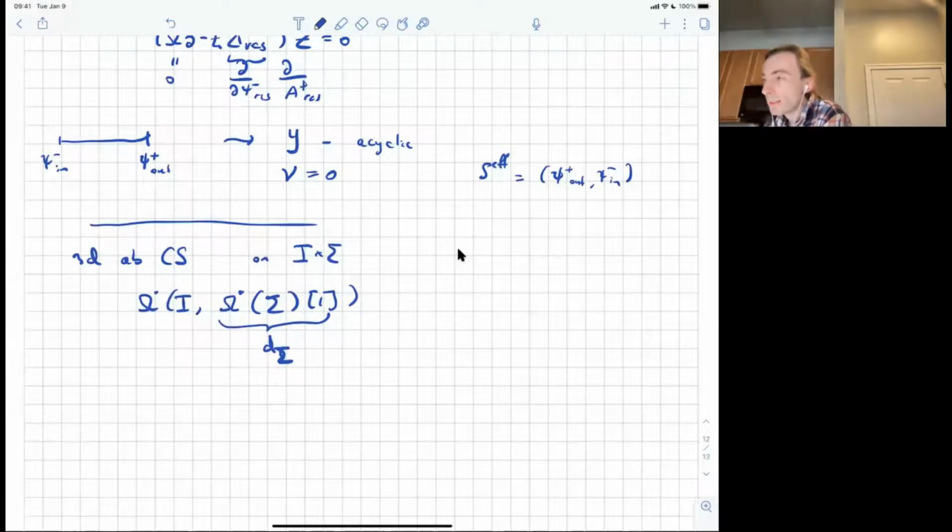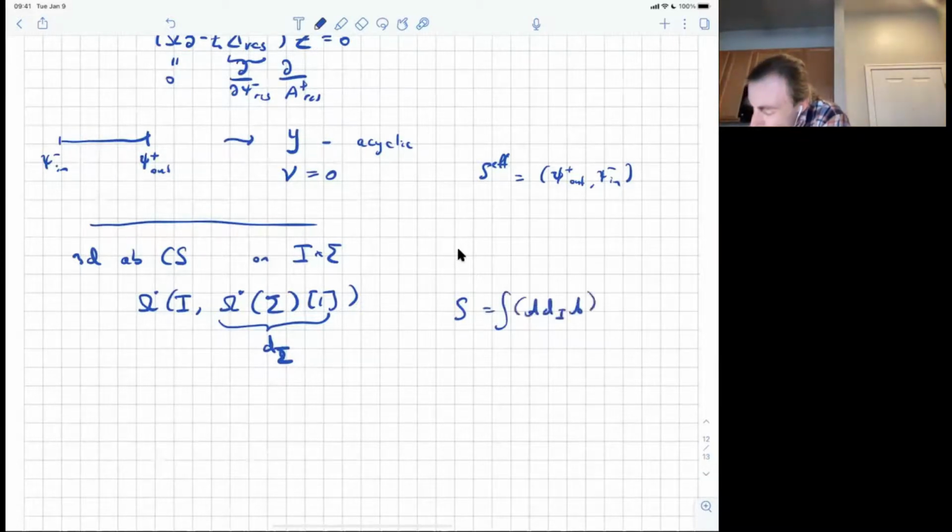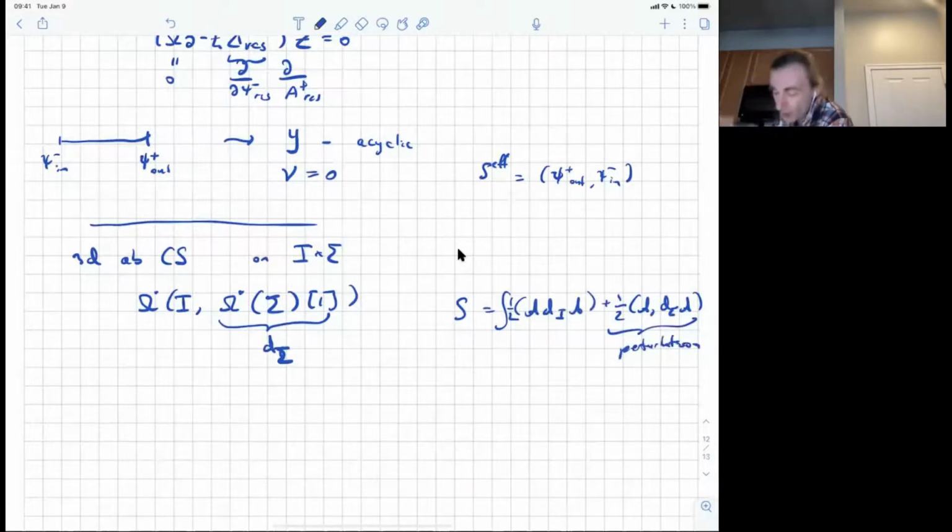So then your action that you start with is now A d on the interval A plus the target part, A d sigma A, which we understand as a perturbation. So this leads to the presence of more diagrams coming from this perturbation.